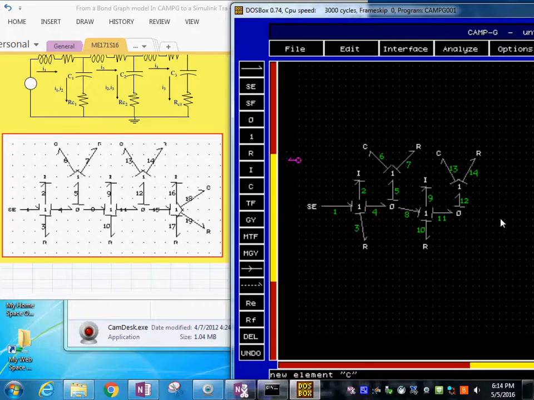We're making good progress. So we are on the home stretch here.